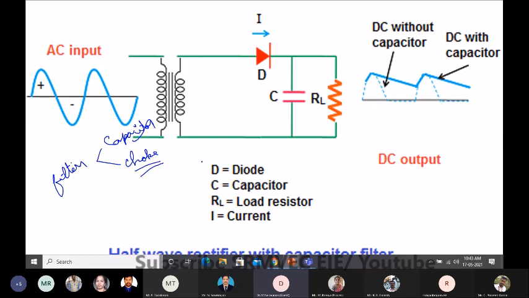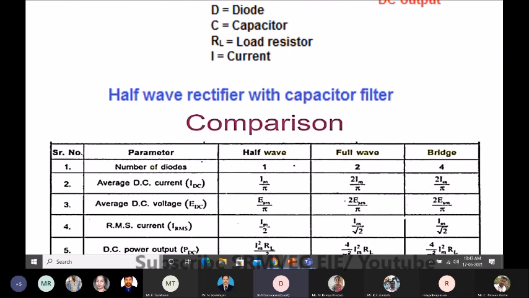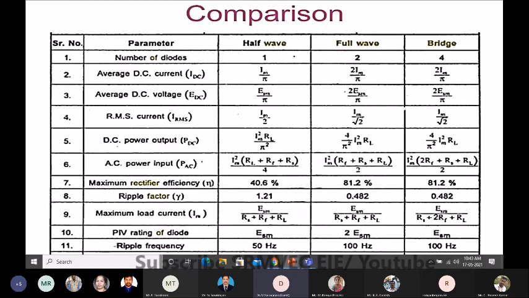Here the important factors we have to compare are the different parameters, such as average DC current and DC voltage. The important reason it is always taken as pi is that in the input waveform you can see it is 0, pi, and here it is 2 pi. But in the output waveform we take only this half wave, so it is pi, and this pi is going to repeat again and again.